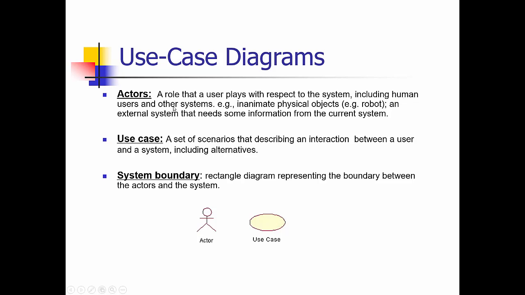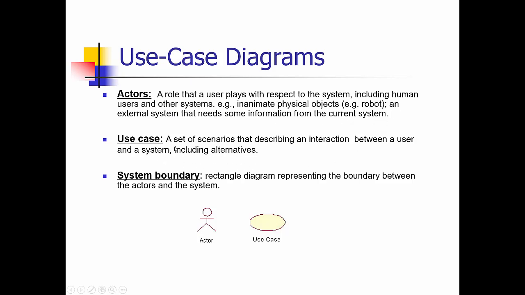They can be human users or they can be other systems, such as a robot, a thermostat, for example, in an air conditioning system. That would be an actor. It's some sort of external system that needs some information, some external system or person, role that a person plays. It needs some information from the current system.